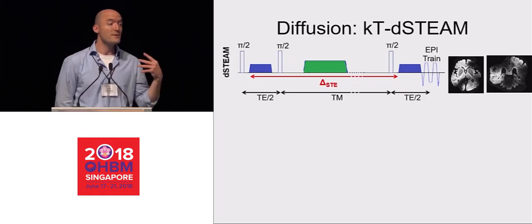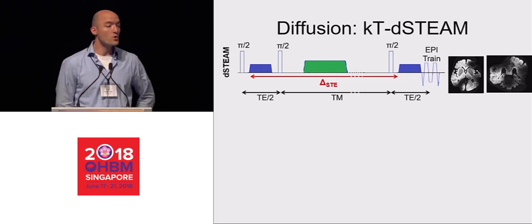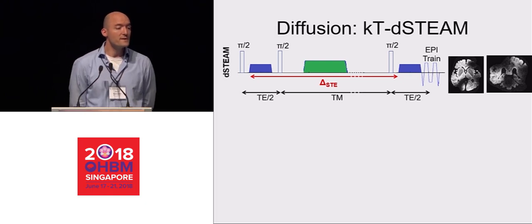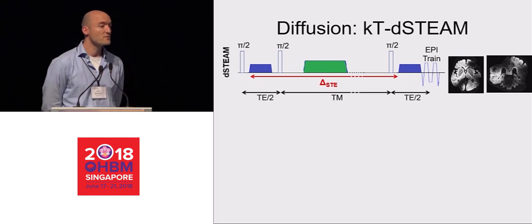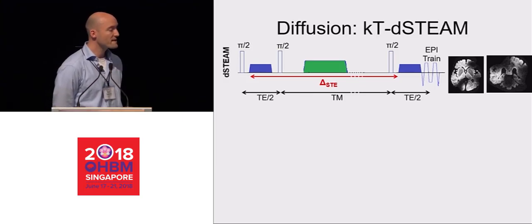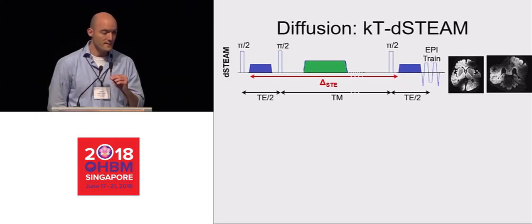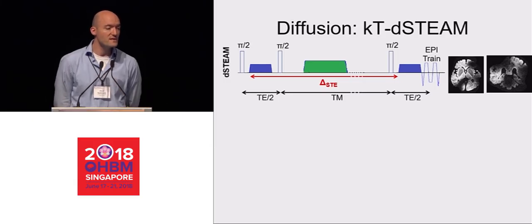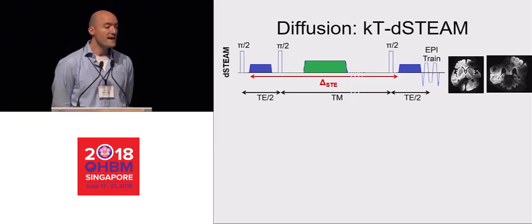Now, there is also an inherent disadvantage, which is that you only work in the STEAM echo at the EPI readout train there with half of the signal, but you can compensate this for this particular application with the fact that you can keep your echo time, so you see that indicated with TE here, very short.